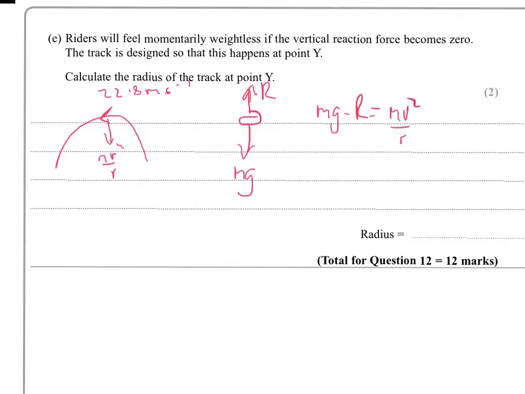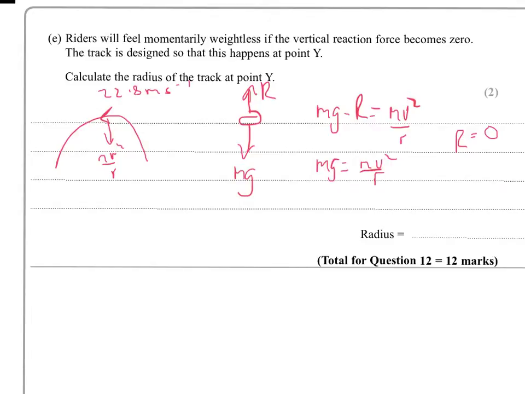So just remember, you need to have mv squared over r towards the centre of a circle to move in that circle. And we're putting the resultant force towards the centre as mg, which is towards the centre, minus R, which points away, equal to mv squared over r. And remember, in our special case, when you become weightless, the reaction from the seat on your body will go to zero.